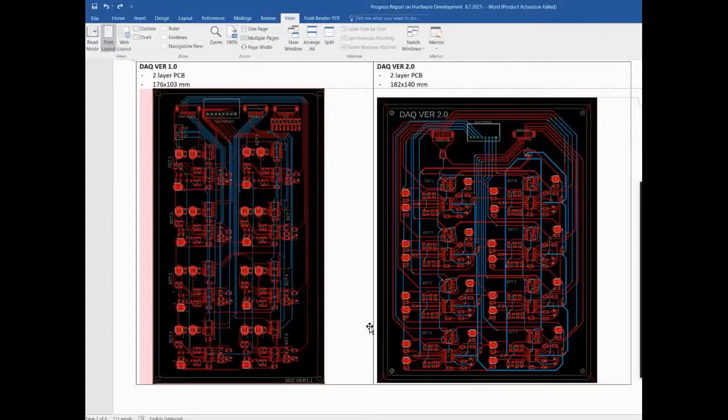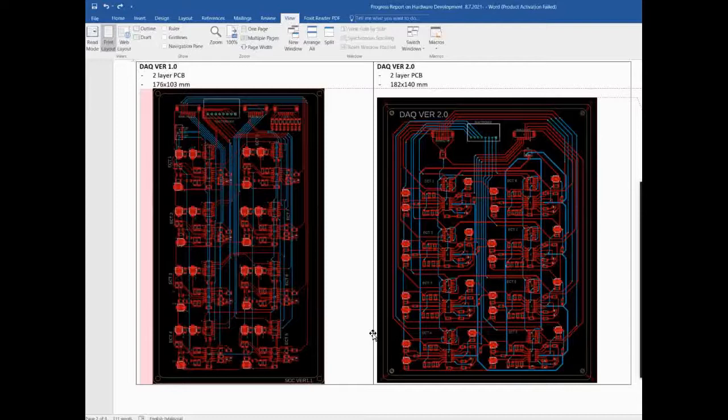So this is the output. This is the flow of what I've been doing for more than a week of designing the circuit.